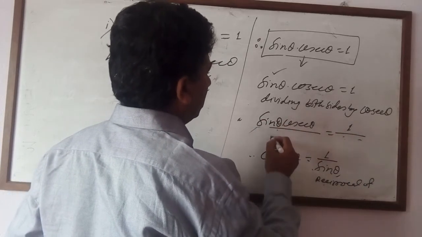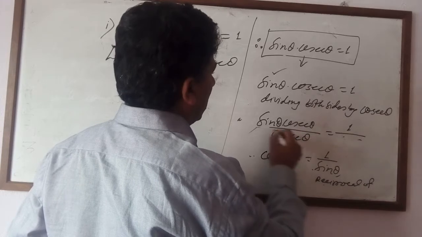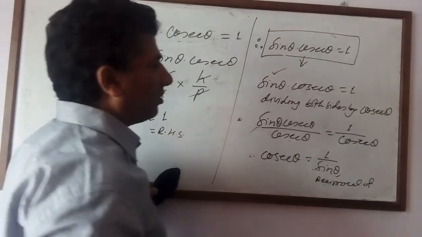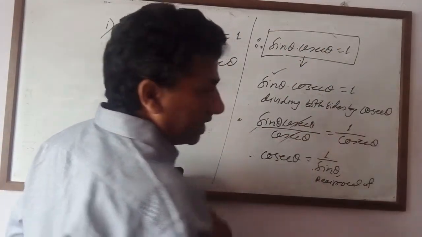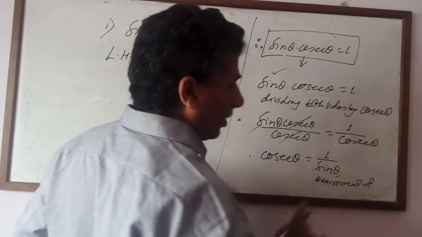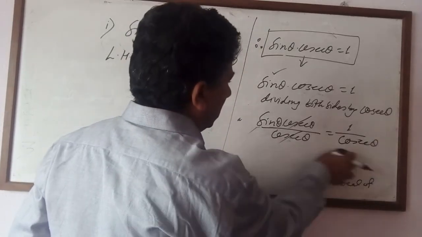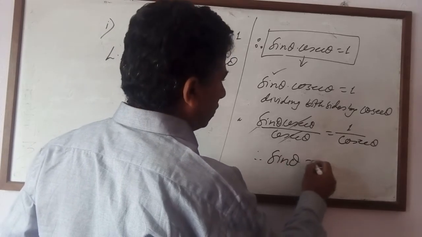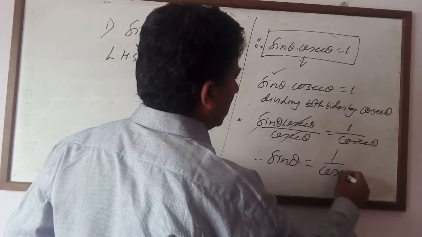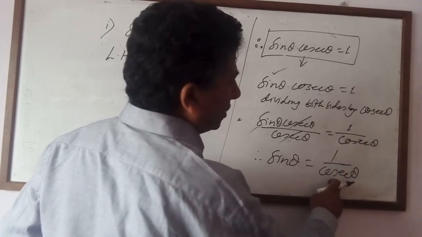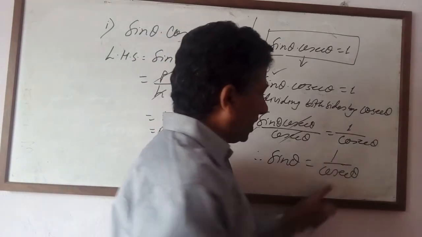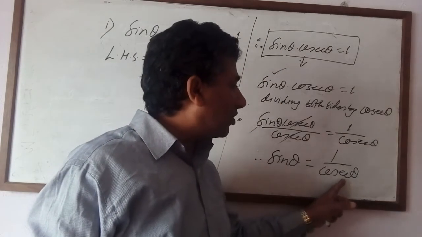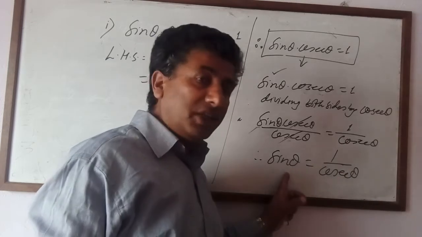Sine theta times cosec theta, and this side also cosec theta. Now both sides we can divide by cosec theta. Then on this side cosec theta cancels, and on the right hand side 1 by cosec theta is left. Therefore sine theta equals 1 by cosec theta. Now 1 by cosec theta means the reciprocal of cosec theta. That's why the reciprocal of cosec theta is equal to sine theta.